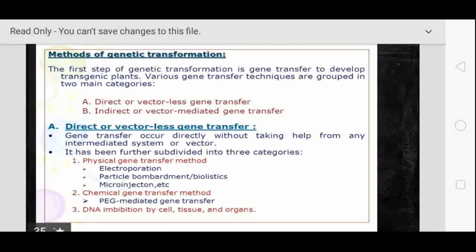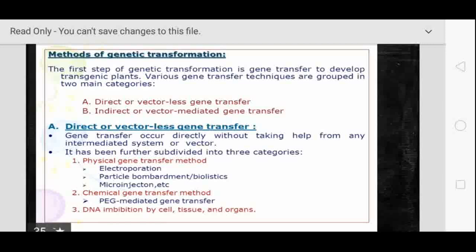Whereas in the second type, indirect or vector gene transfer, also called mediated gene transfer, our gene of interest is delivered into the host cell by using some vectors, agents or carriers. Through something we transfer the materials to the host organism, so we call this indirect or vector mediated transfer.